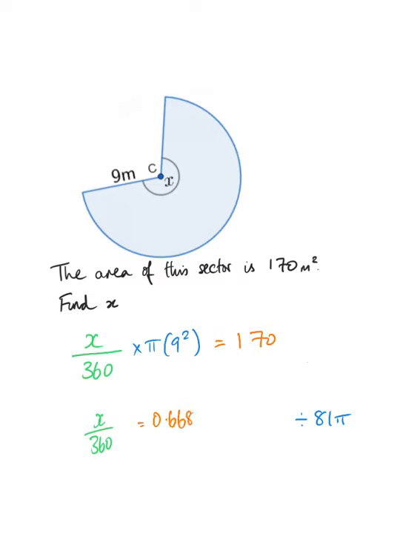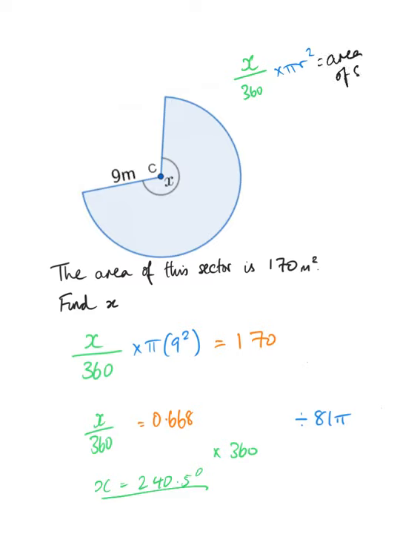And then I want to get x all on its own, so I'm going to multiply by 360. So x is equal to 240.5 degrees.